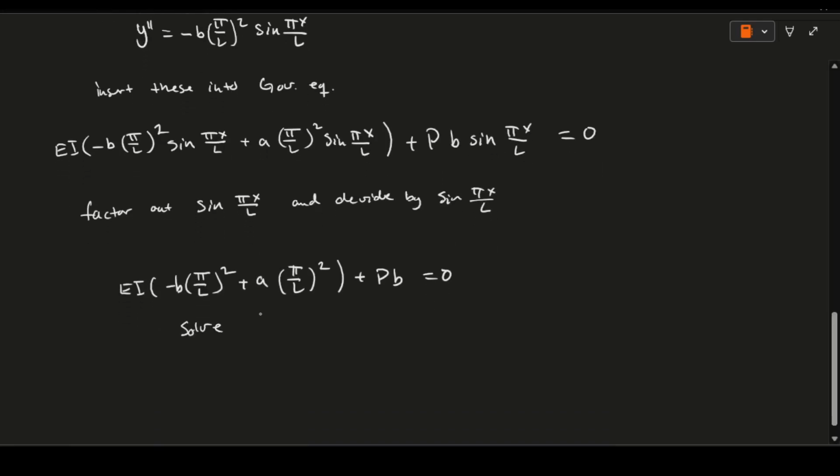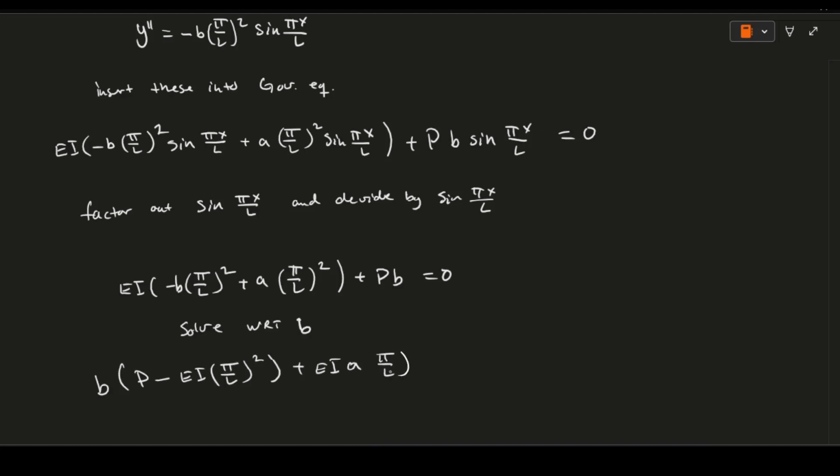We can solve with respect to b, and we get that P minus EI pi over L squared, times b, plus EI a pi over L squared is equal to 0.